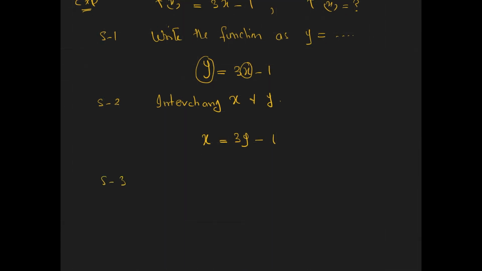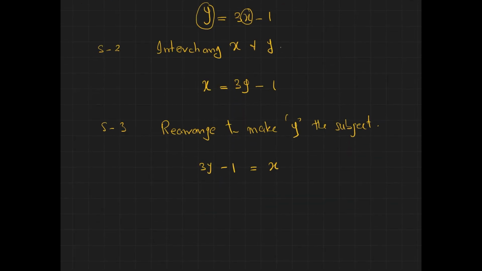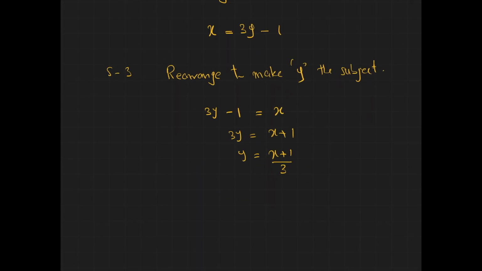And finally, we will rearrange to make y the subject. So 3y minus 1 is equal to x, or 3y is equal to x plus 1, or y is equal to x plus 1 over 3. So this is our inverse function now. Therefore, f inverse of x is equal to x plus 1 over 3.